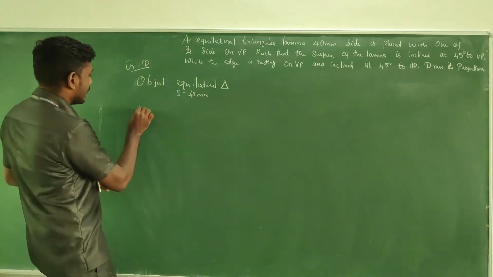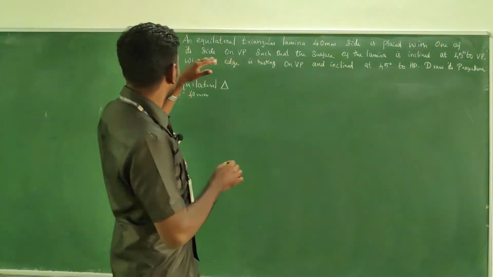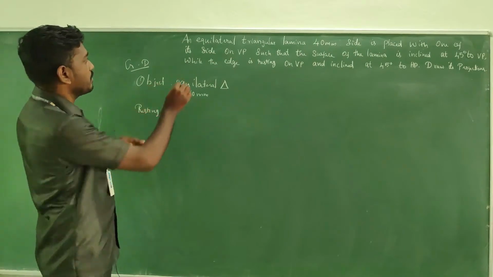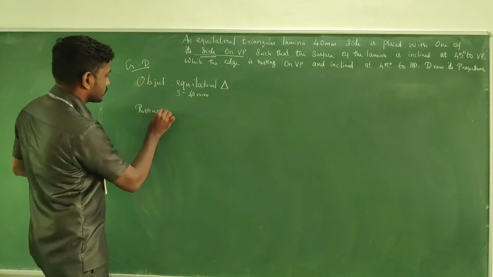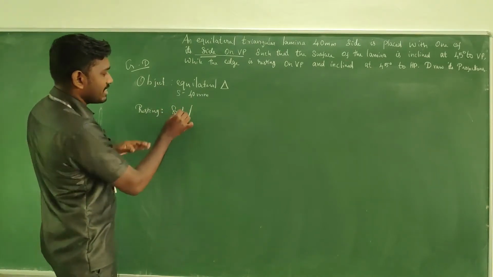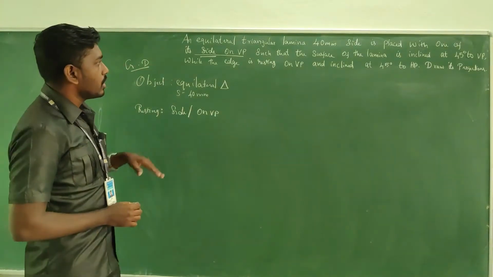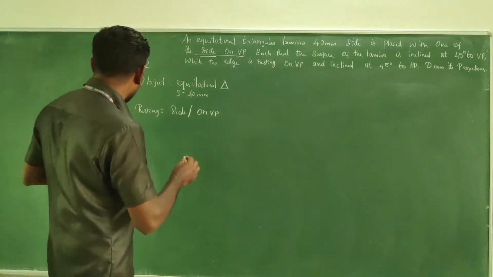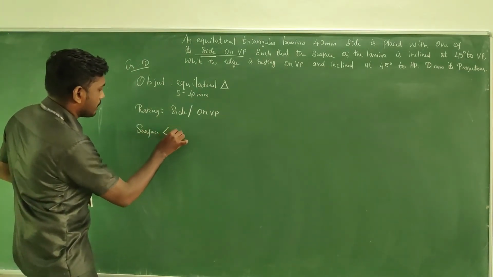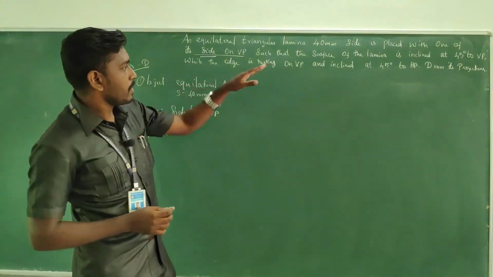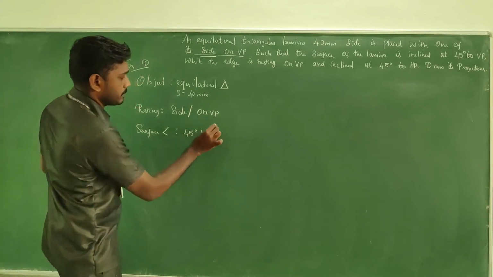And the resting: placed with one of its sides on VP. It is resting with a side on VP. Side stands for edge, both are the same. Then the surface inclination is given as 45 degree to VP.